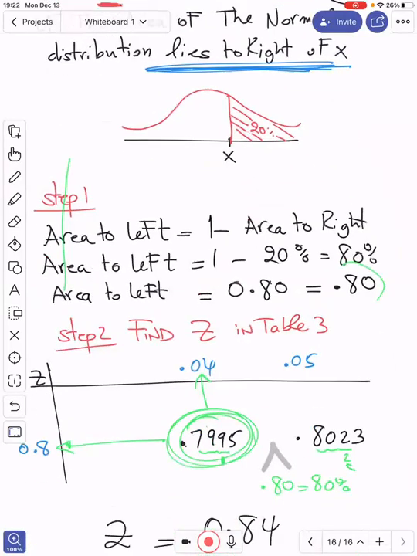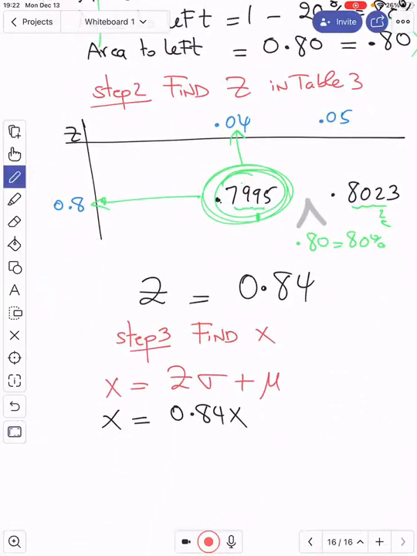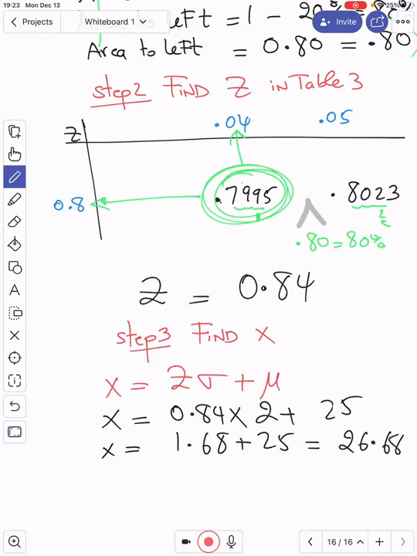So times 2, the sigma, plus 25, the mu. All right, so then x is 1.68 plus 25. So the answer is 26.68. Okay, so that's the final answer, 26.68.